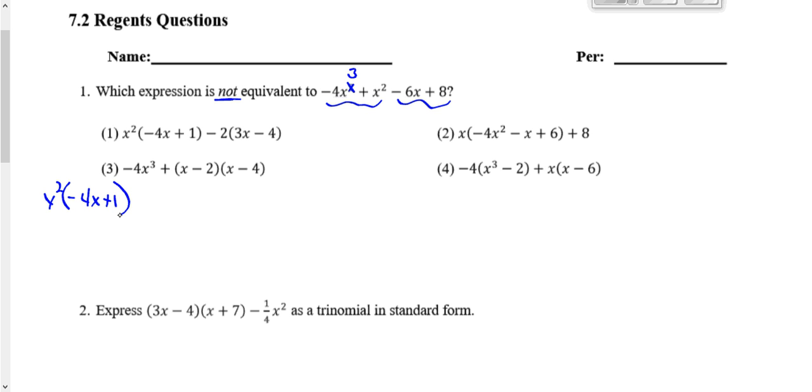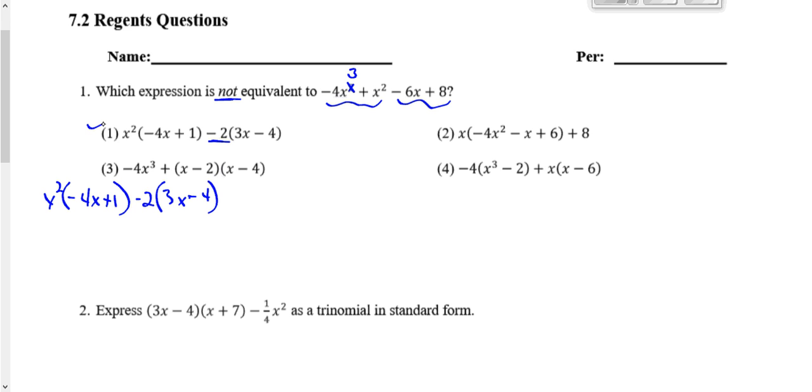And in the next group, I can factor out a 2. Let's factor out a negative 2 like they did. What's left? That'll leave us with 3x minus 4. So that one's good, yeah?